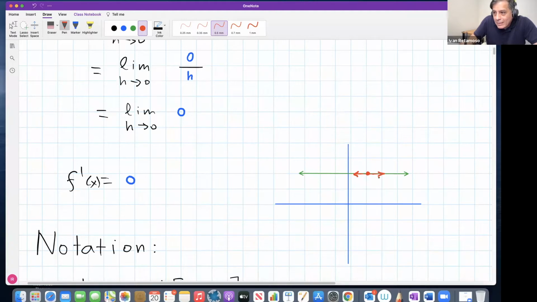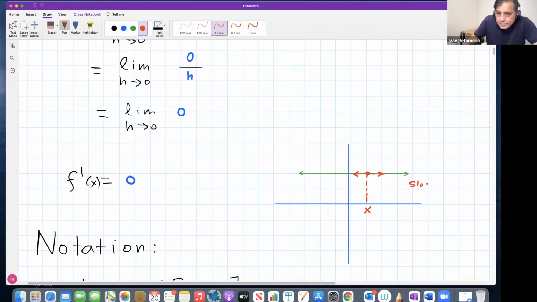It will look like a horizontal line. But we know that the slope of horizontal lines is just 0. So if you pick any input value for the constant function and you draw the tangent line, it will look like this red line.